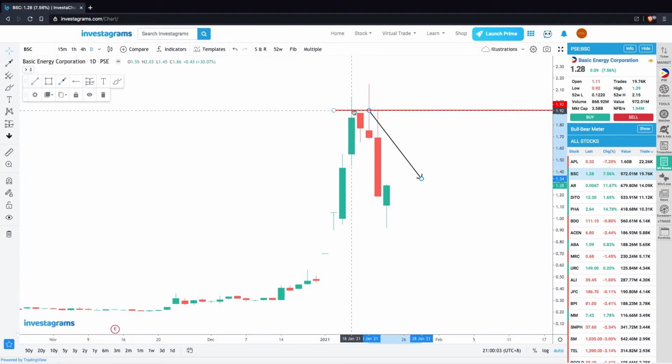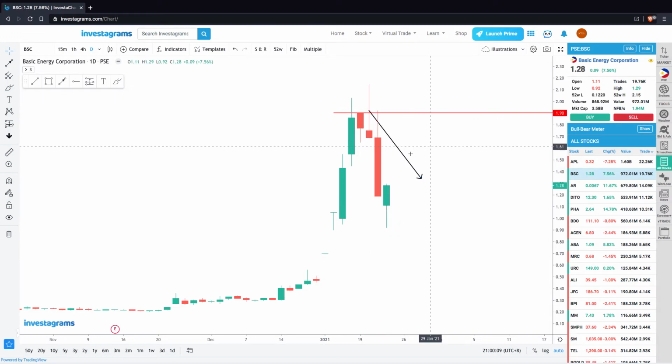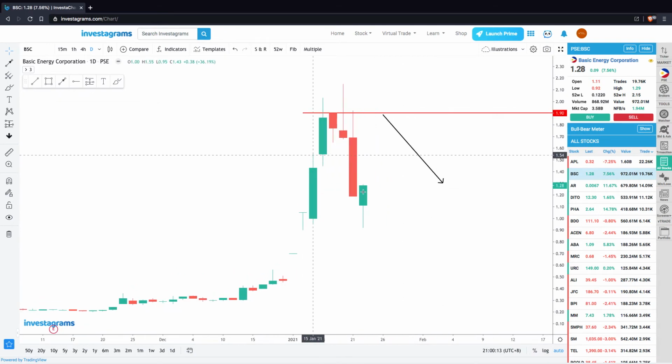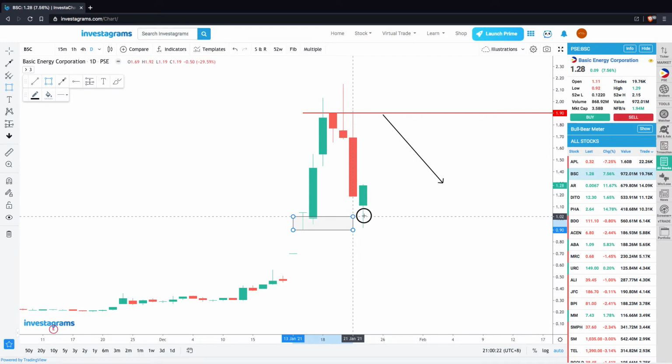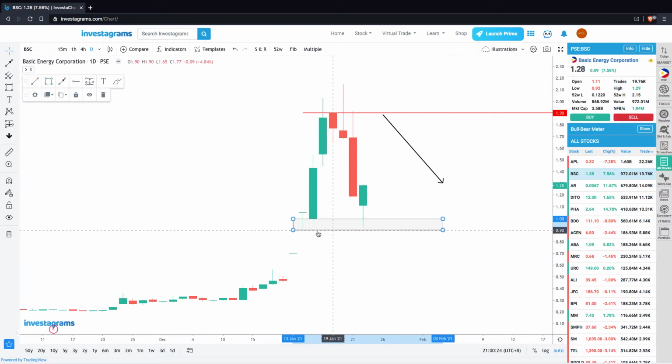I like to include as many wicks or bodies as I can, so I could even move this further down here. That's for my resistances, and then I look at this chart and ask where it rallied from. I'm going to plot this as my area of support right here. I'll include this wick because it bounced off from there, and I include this wick because it bounced off from there.